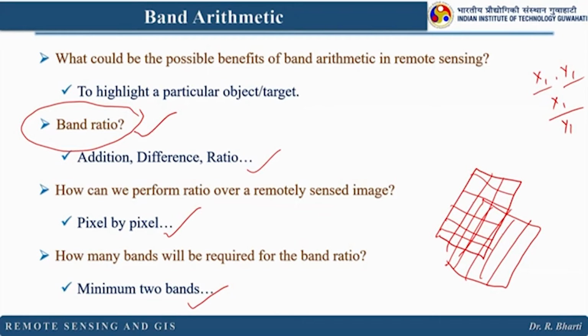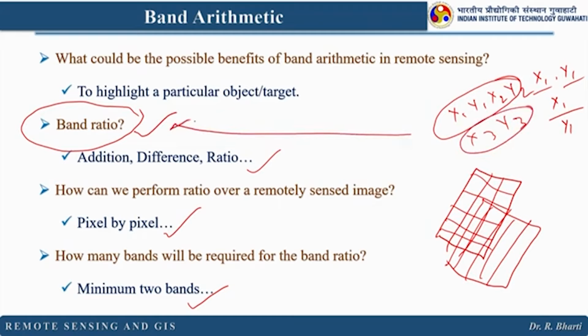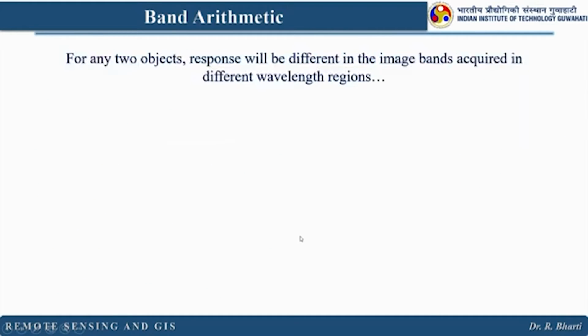Once you have bands, say x1, y1, x2, y2, x3, y3, you can combine them or perform the band ratio. This is how we enhance the information about our target. For any two objects, the response will be different in image bands acquired in different wavelength regions.